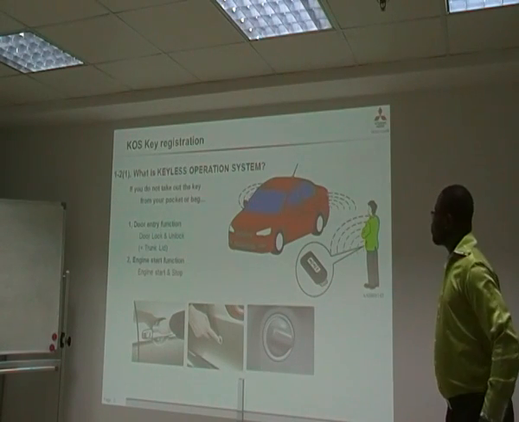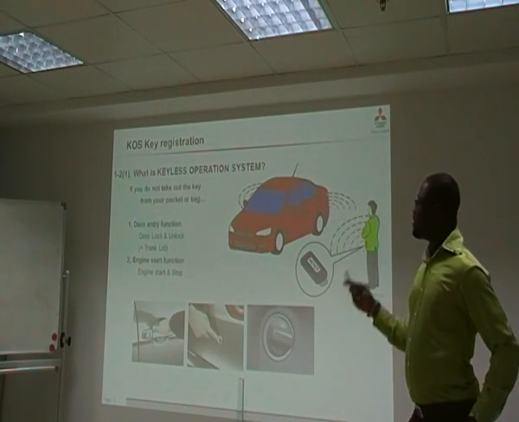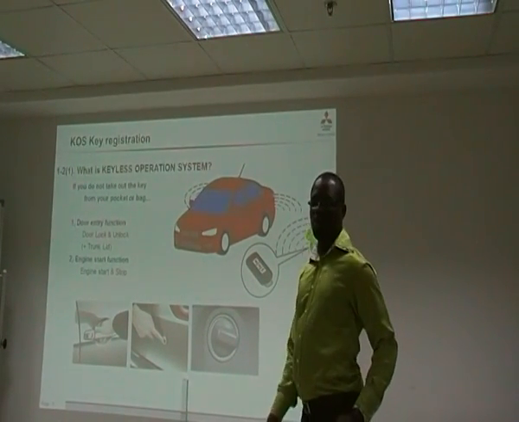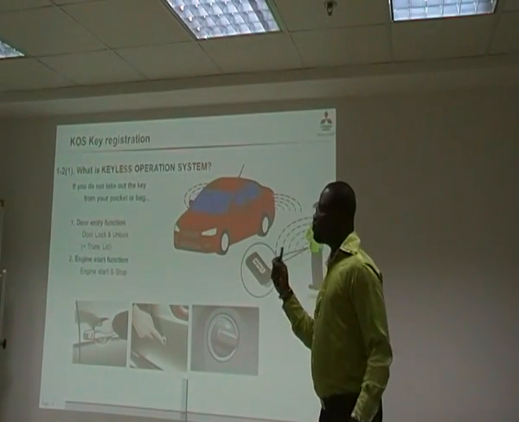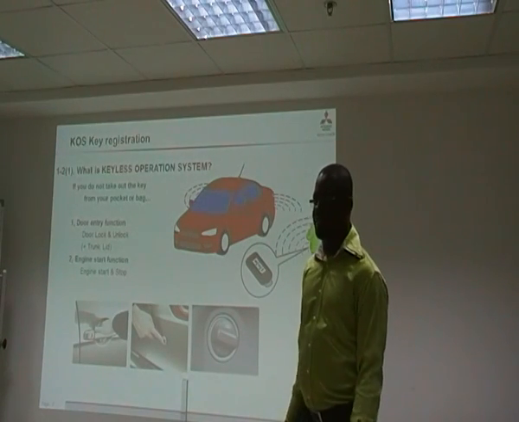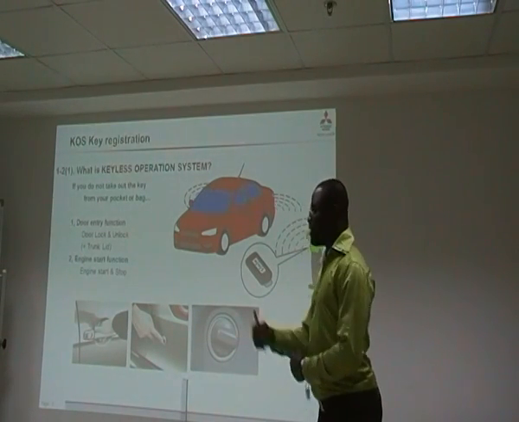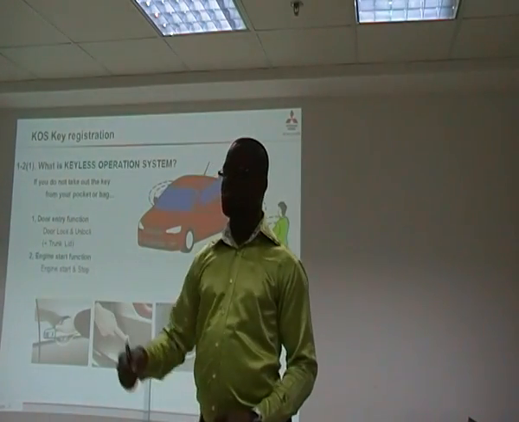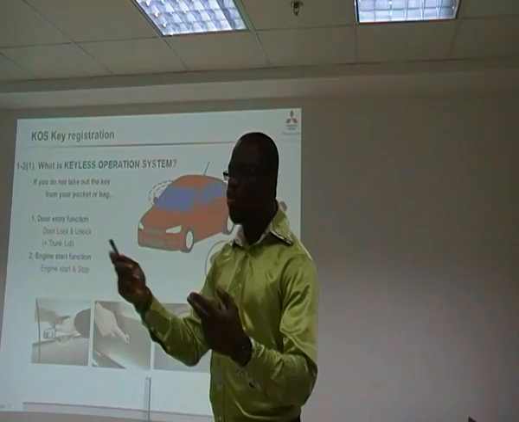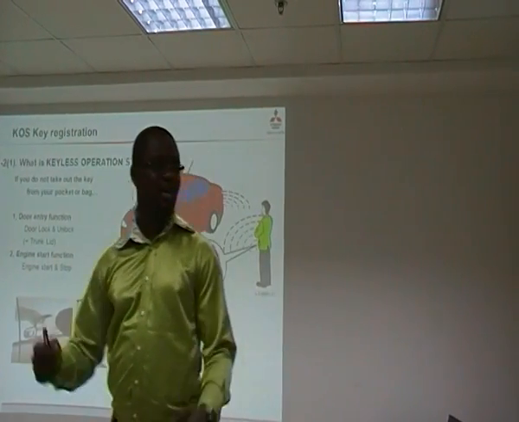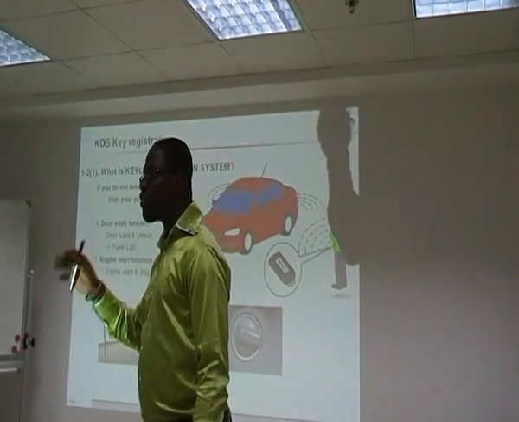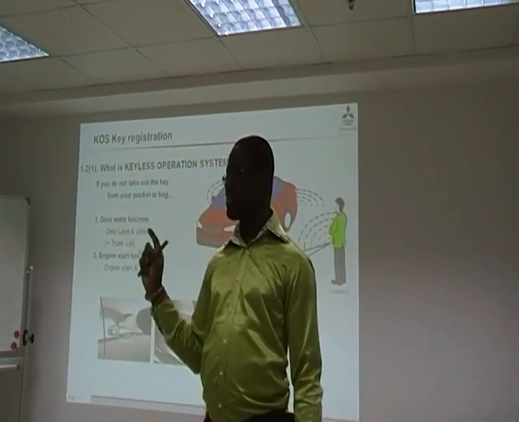What we use this key for is to lock and unlock our doors, and we can even use it to open our trunk lid. From a specific distance away, you can use this key to open. I hope you all know this, because day in and day out you have been starting the car. But the main objective of this is to know how to register these keys.